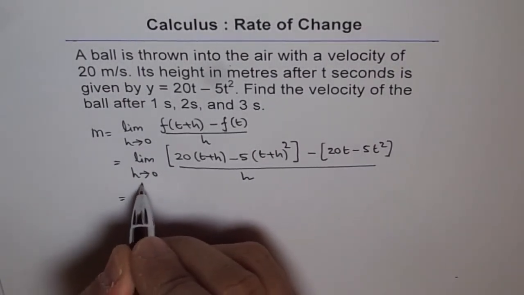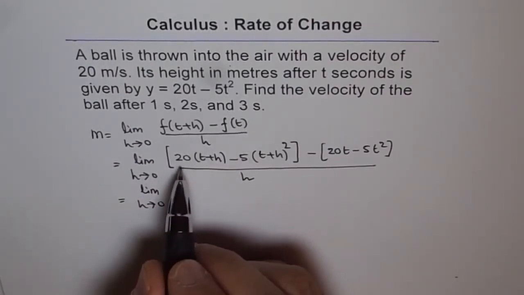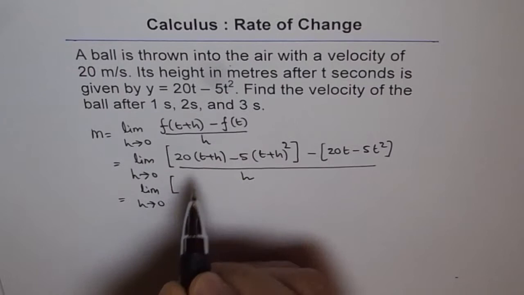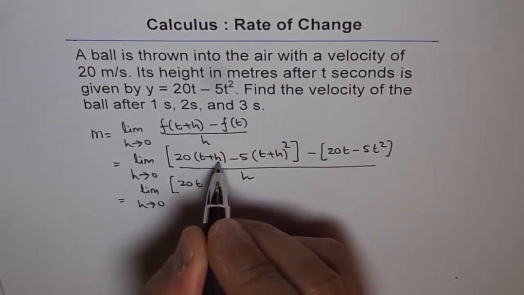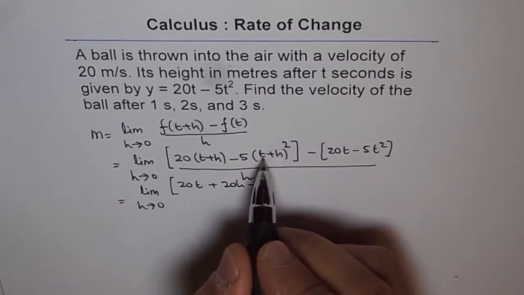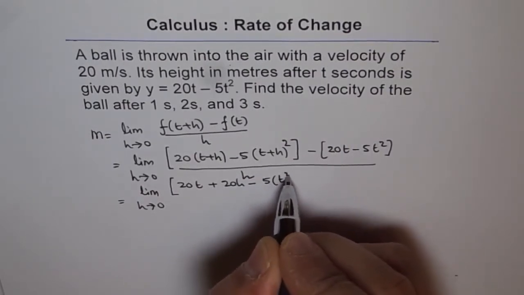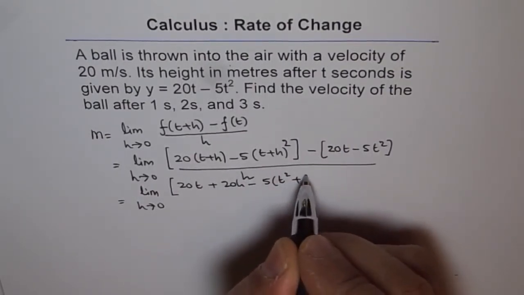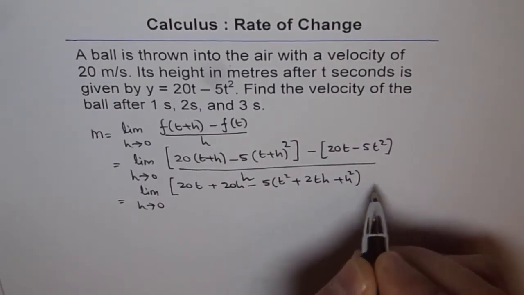Now let's expand and simplify. We get 20t plus 20h minus, let's expand this, 5 times t squared plus 2th plus h squared.